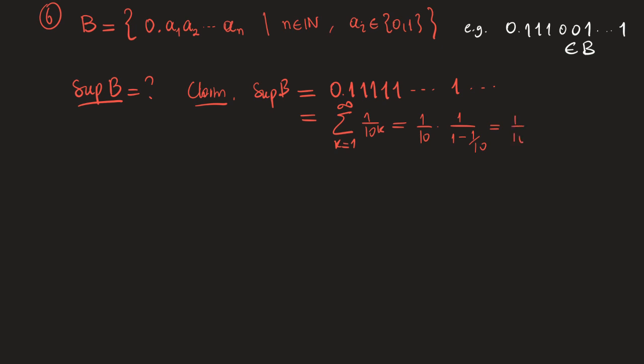It is 1 over 10 times 10 over 9. So it is 1 over 9. So my claim is that the supremum of the set is 1 over 9. So this proves the upper bound, right? Okay. 1 over 9 is an upper bound.